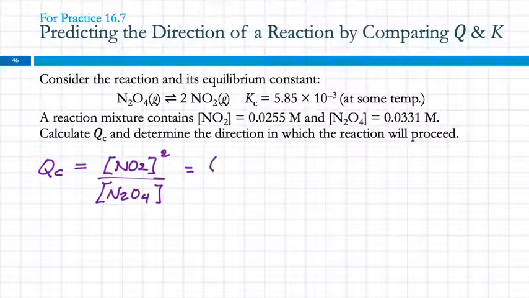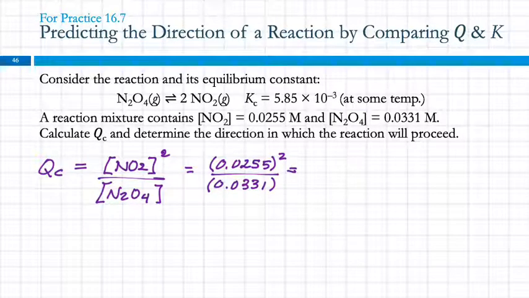The NO2, 0.0255, that one is squared, divided by 0.0331. This is 0.0196.